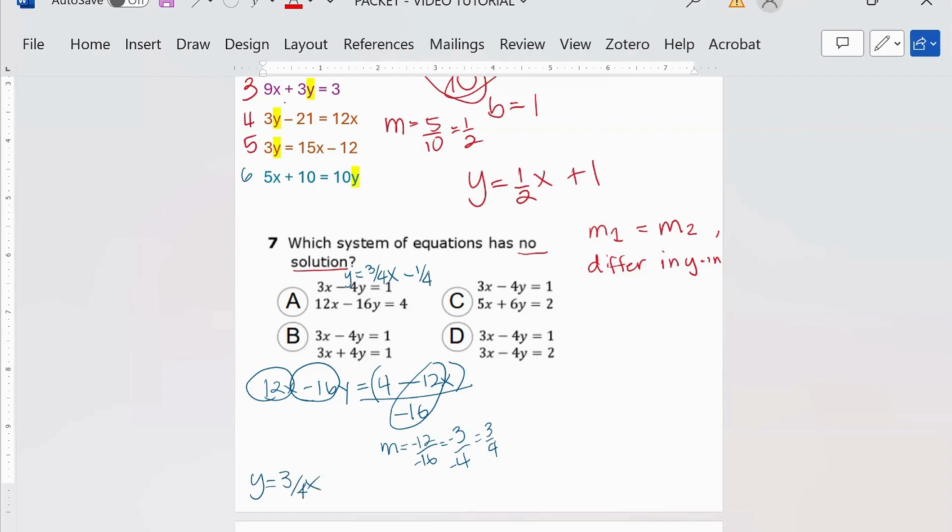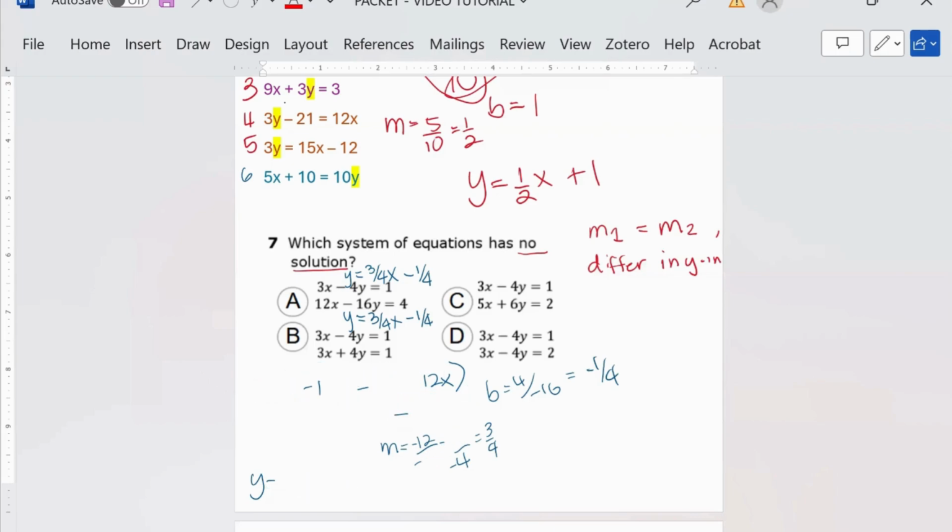Now let me find this y-intercept. It's 4 over negative 16, or simplified, 1 over 4, so it's negative 1 over 4. So you notice y equals 3 over 4 x minus 1 over 4. If you notice these two in letter A, they had the same line.